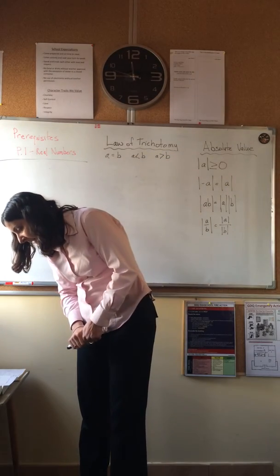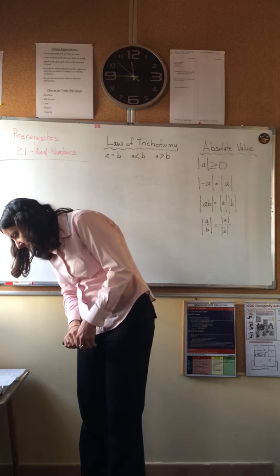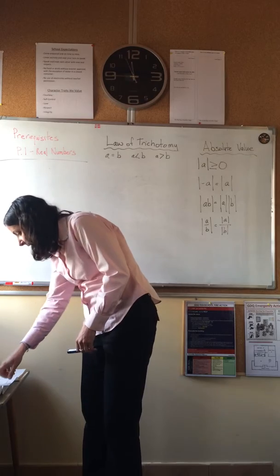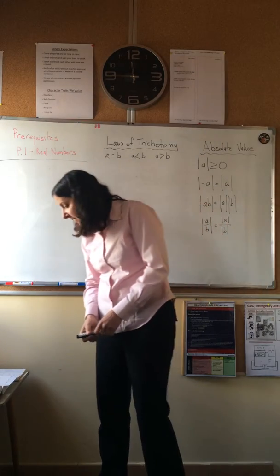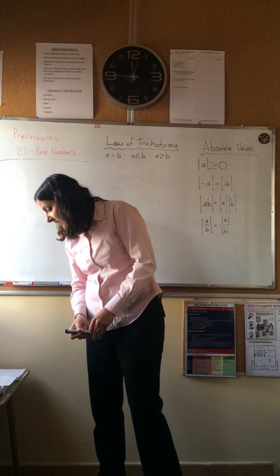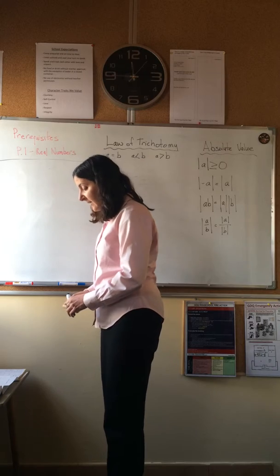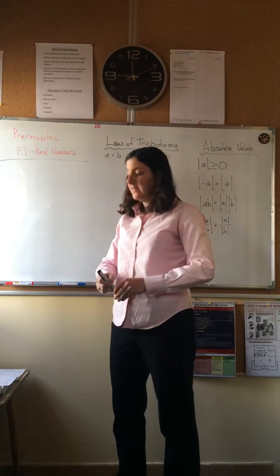If we look at, say, question 62, which is on page 11, it says use absolute value notation to describe the situation. So the distance between x and negative 10 is at least 6.